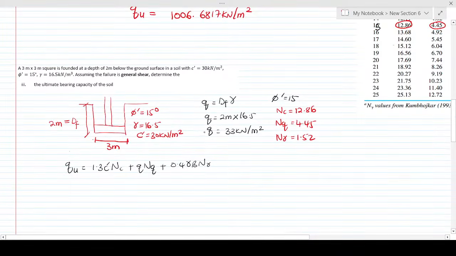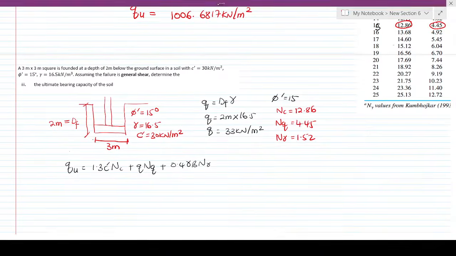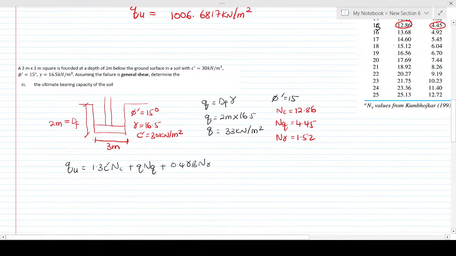So my QU is equal to 1.3 C bar, and C prime is 30. NC is 12.86, plus Q, which we had 33, and NQ, which is 4.45, plus 0.4 gamma. Gamma is 16.5.